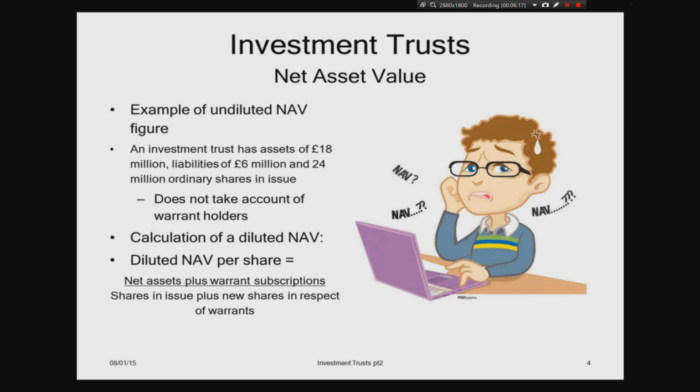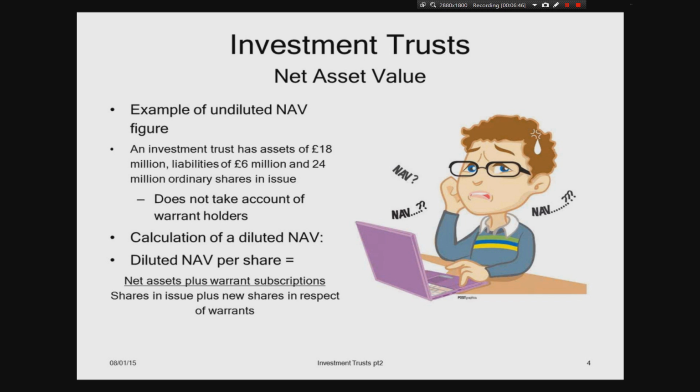This is an example of what we call the undiluted net asset value figure. The net asset value of an investment trust with assets of 18 million, liabilities of 6 million and 24 million ordinary shares in issue, based on the formula we've just discussed, would result in a net asset value per share of 50 pence.